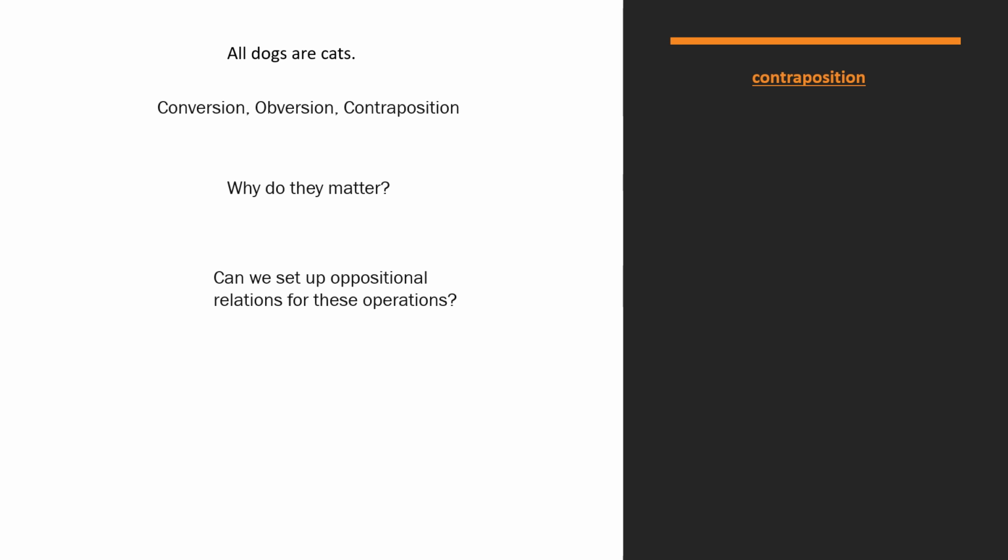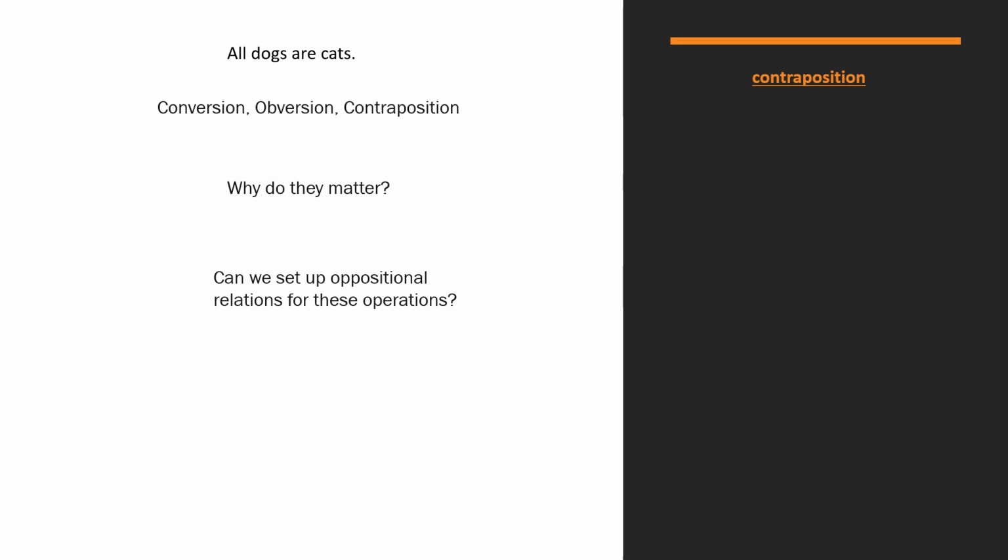We just follow the hint, and the hint is found in the logical relationship between the given proposition and the obverse, and the given proposition and the converse and contrapositive.